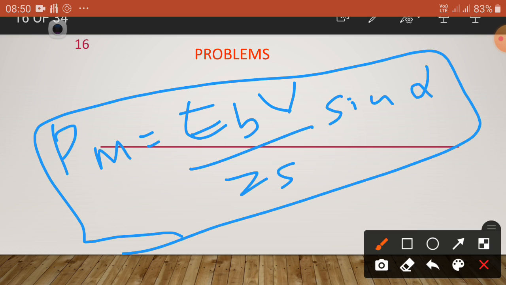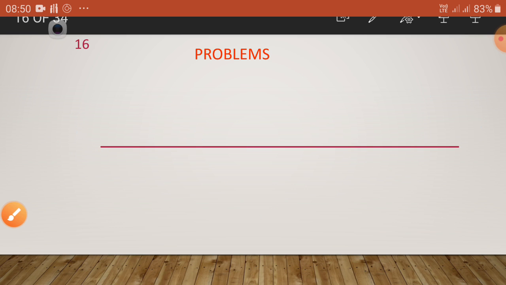These formulas will come in problems. Now I think you have some idea on this. We can do the problems in the next class. Let us discuss what we have seen in this class.